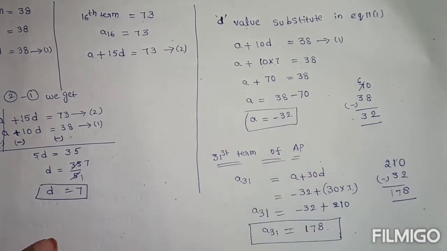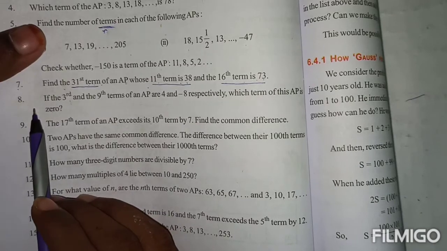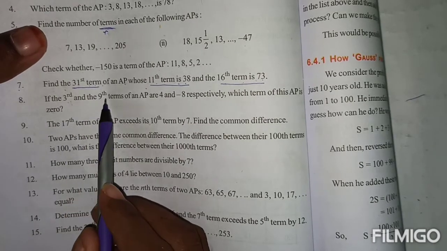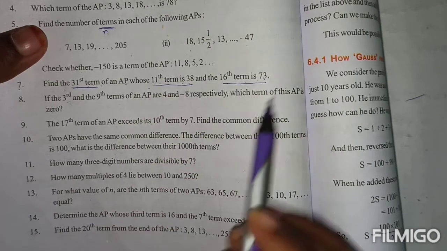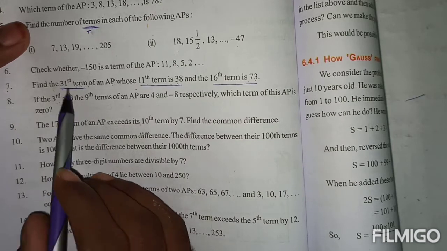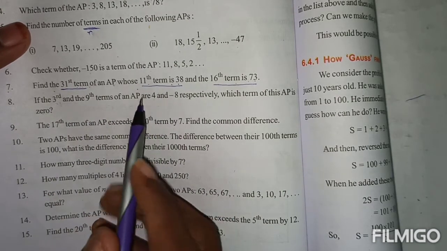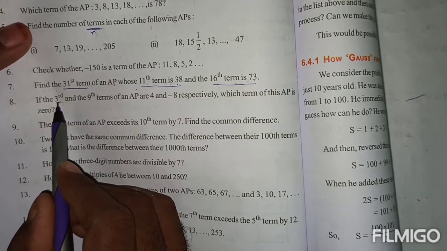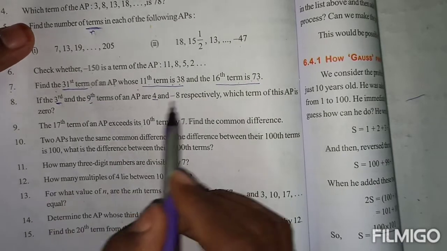Next, go to another problem. Okay, write down. Next, the eighth problem. If the third and ninth terms of an AP are 4 and minus 8 respectively, which term of the AP is 0? So please observe: the third term is 4, and the ninth term is minus 8.